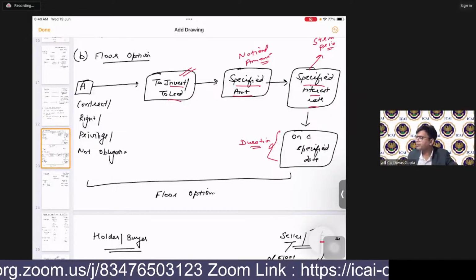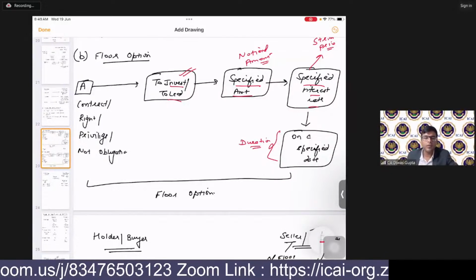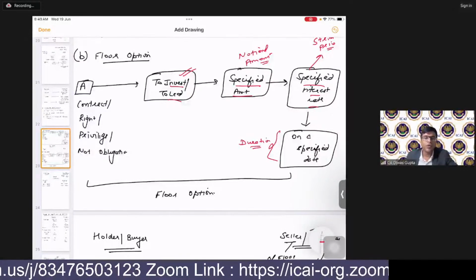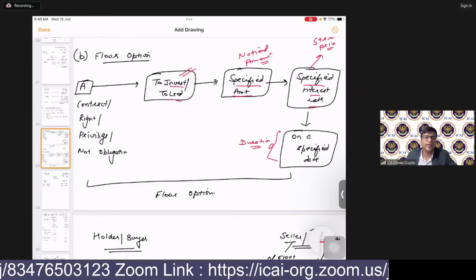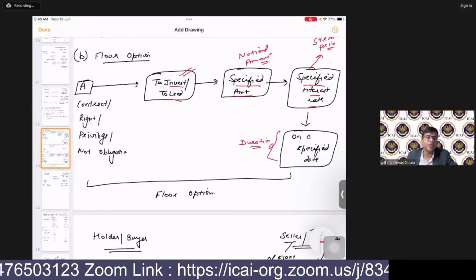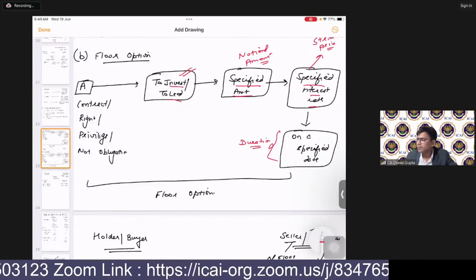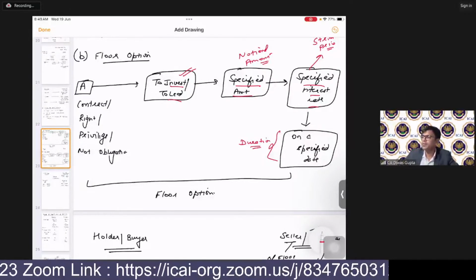Yeah, sorry. The floor, why is it called floor? Yes. Abrikesh, you're right. Manish?